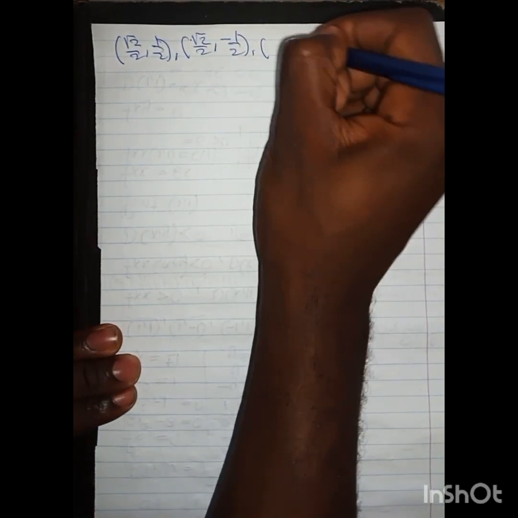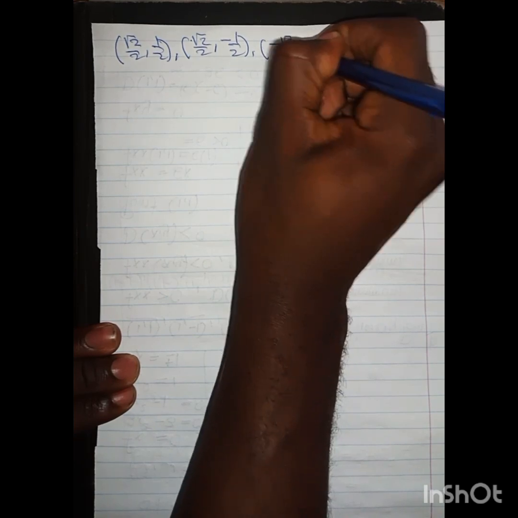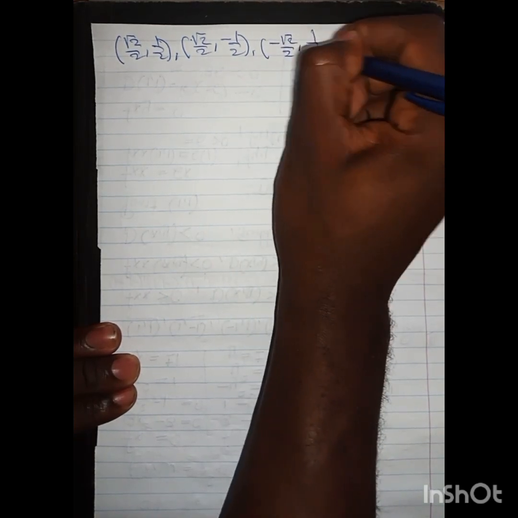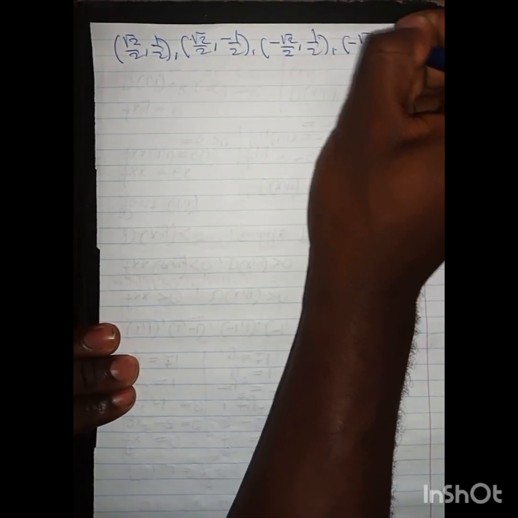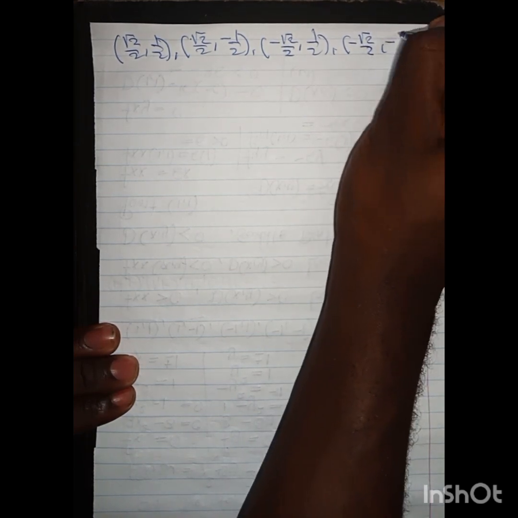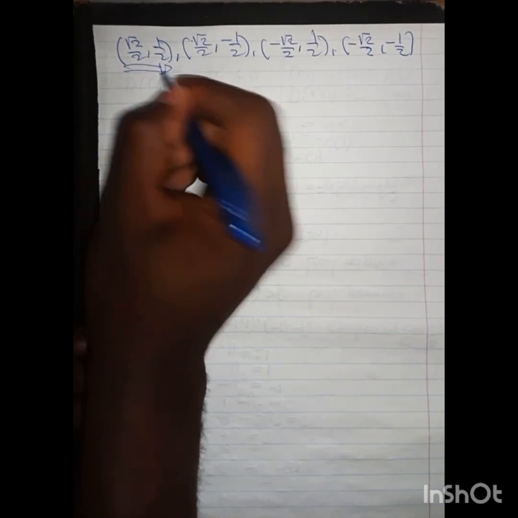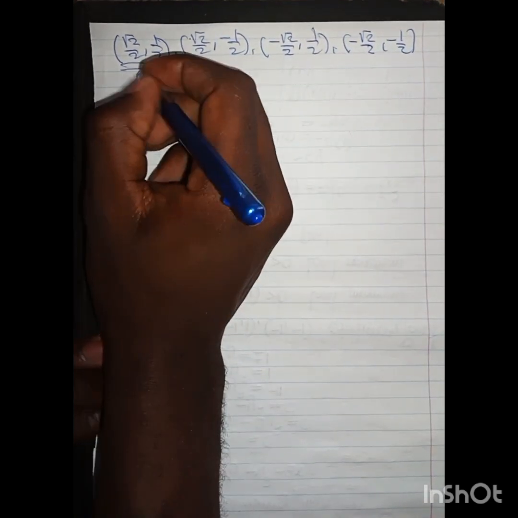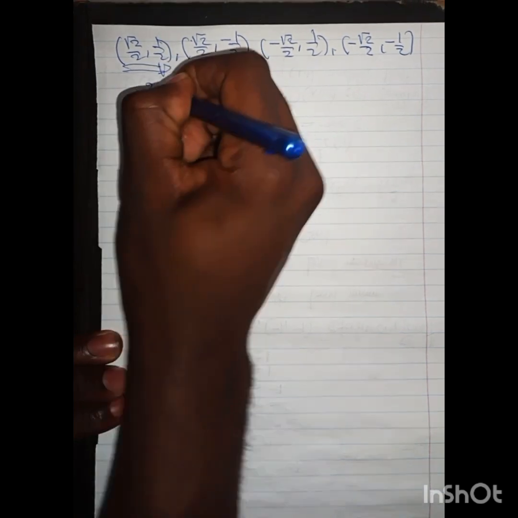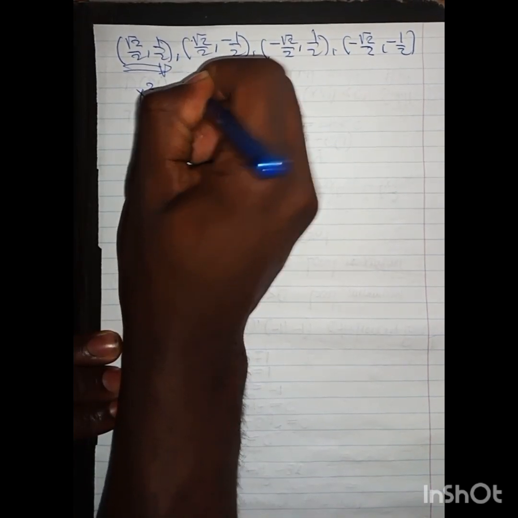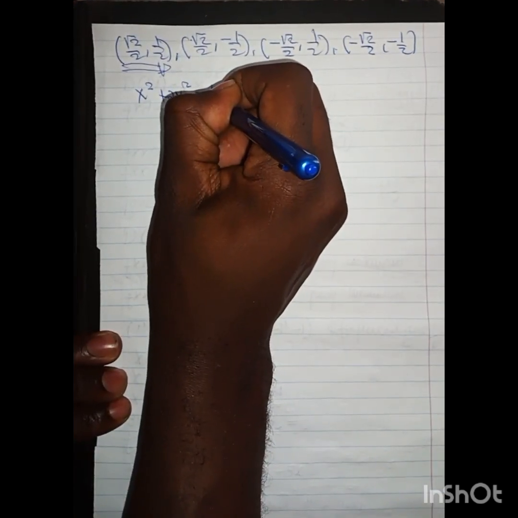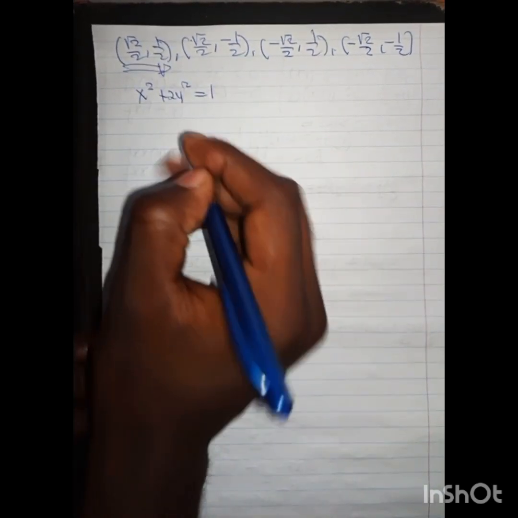We also have negative root 2 over 2, positive half, and lastly negative root 2 over 2 and negative half. Then let us take these points and substitute into the constraint. Remember, our constraint is given by x squared plus 2y squared equals 1. So this is x, this is y.